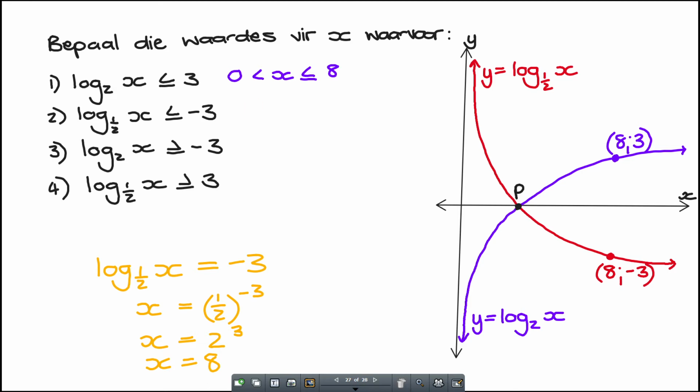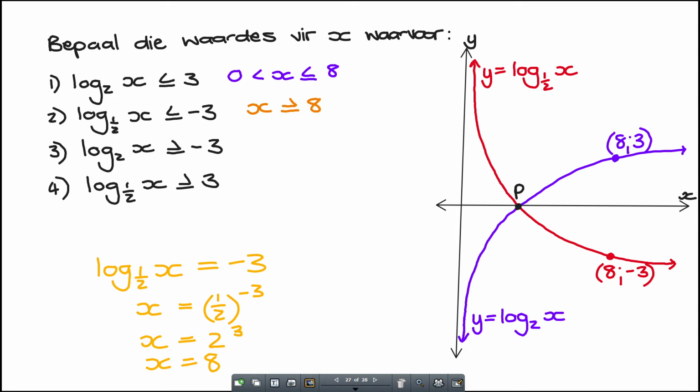Okay, so x moet wees groter as and equal to, why? Because that it says it may be equal to minus 3 as well. Greater than and equal to 8. Maak dit nog sin? Dis lekker kop hou, né?